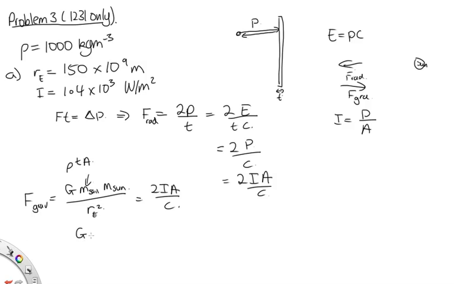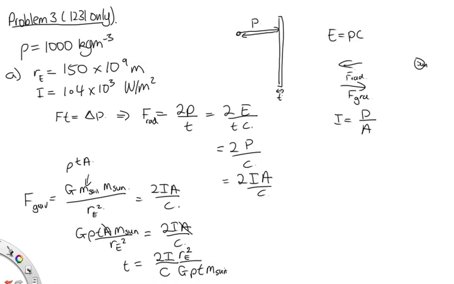So we've got G rho TA times the mass of the sun over RE squared is equal to 2IA on c, and our surface areas here cancel out. And so to solve for thickness, thickness is equal to 2I over c times the distance from the sun squared over G rho times the mass of the sun. Sorry, that T's already here. We don't have this T here. And RE is standing for the distance from the sun.